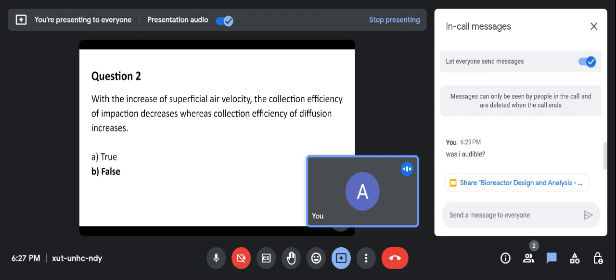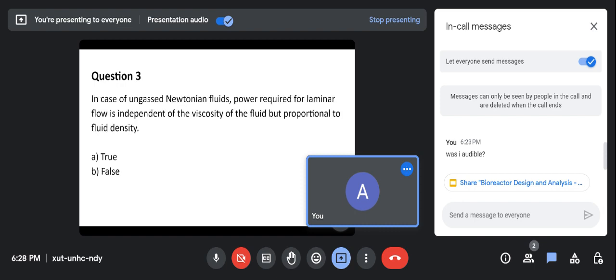When you increase the air velocity, the collection efficiency of impaction actually increases, and the collection efficiency of diffusion decreases. When the air velocity is less, that is when the collection efficiency of impaction will decrease, and the collection efficiency of diffusion will increase.